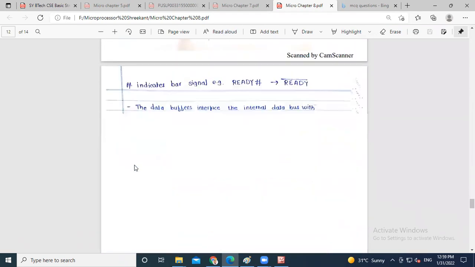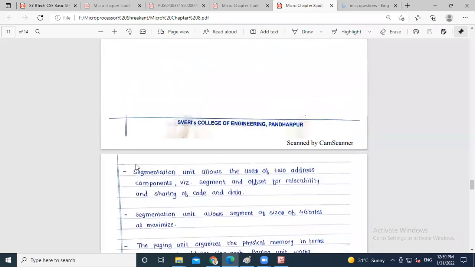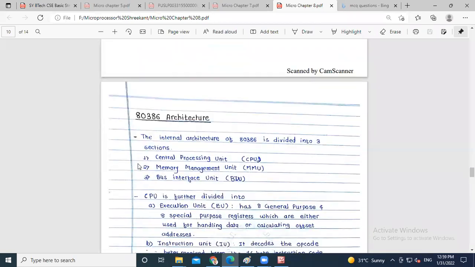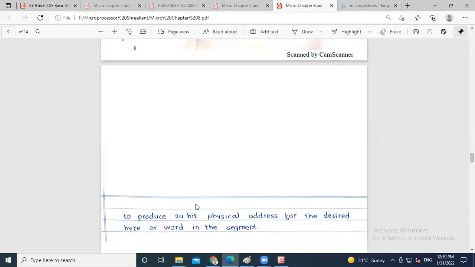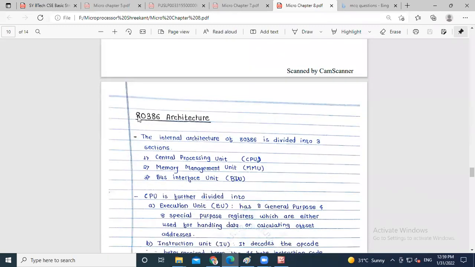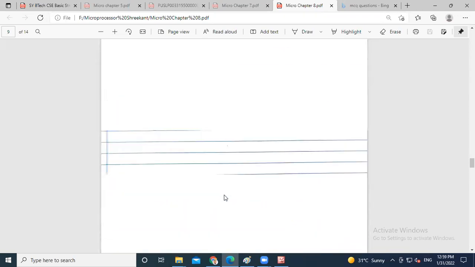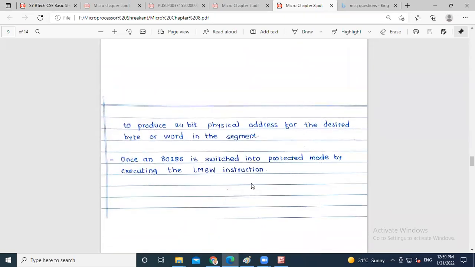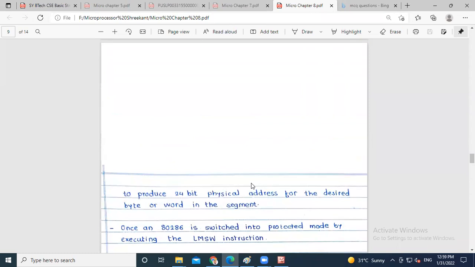Fine. This is all about the second one. So dear all students, the 80386 I will take in the next lecture. What you will do now, dear students: clear printed notes I provided to you.